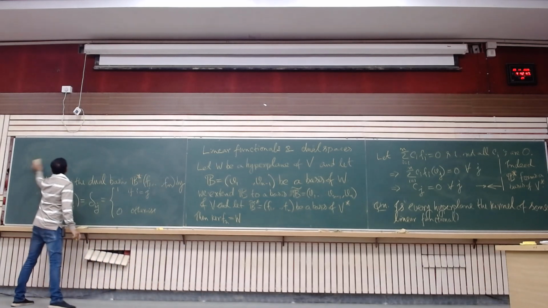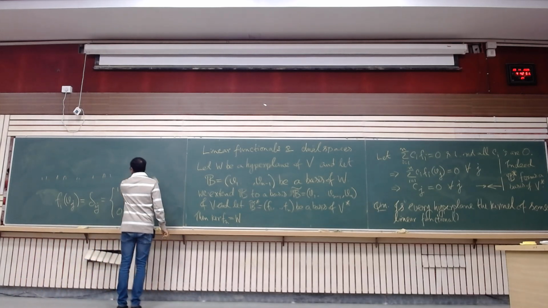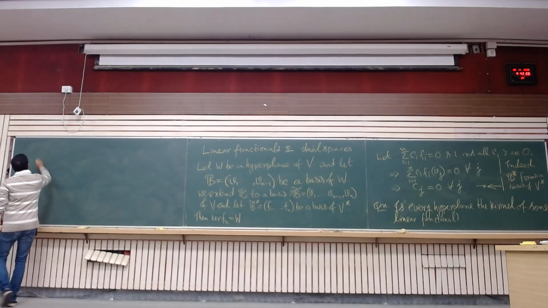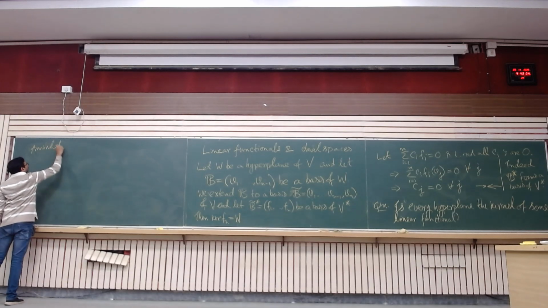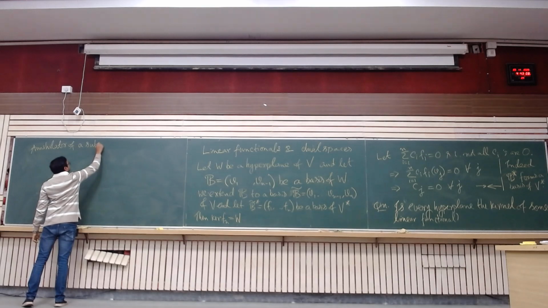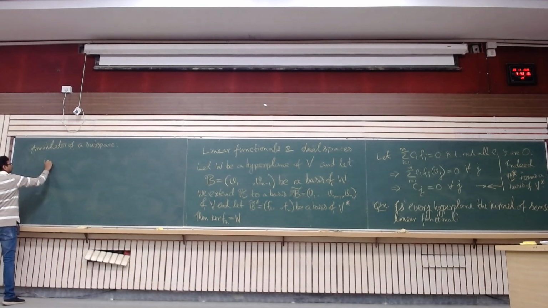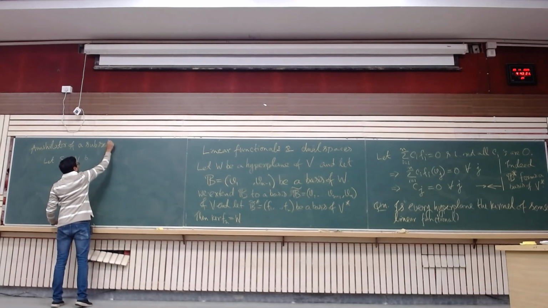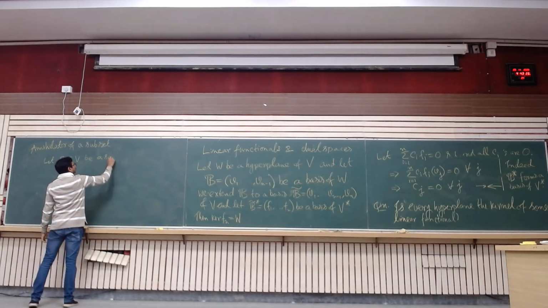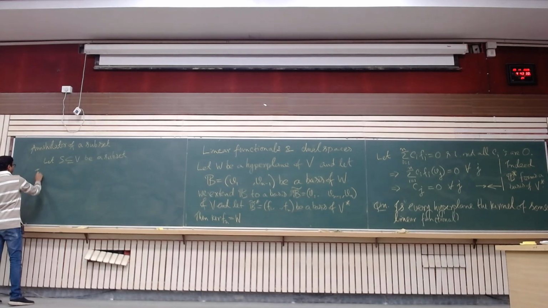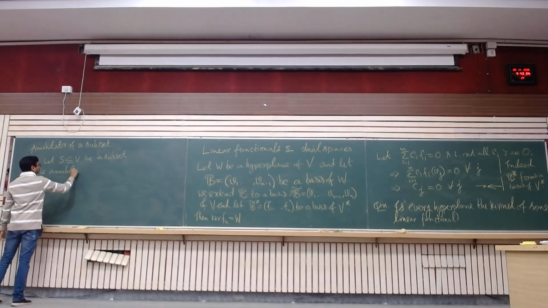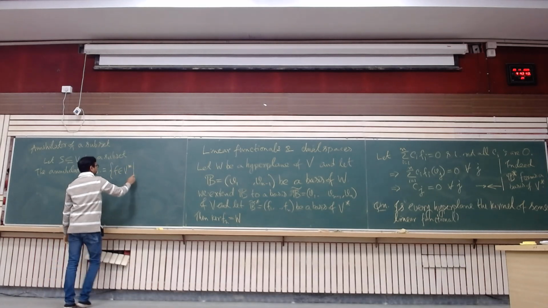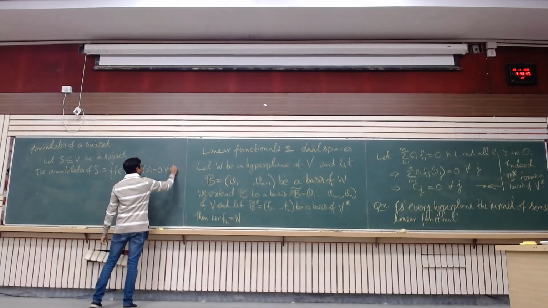Suppose you are given a subset S of V. Then the annihilator of S is the set of all linear functionals f such that f of V is equal to 0 for all V in S.